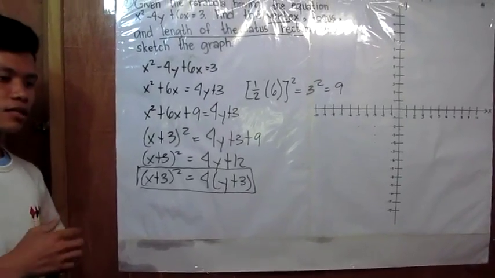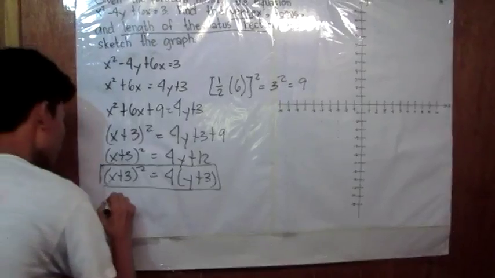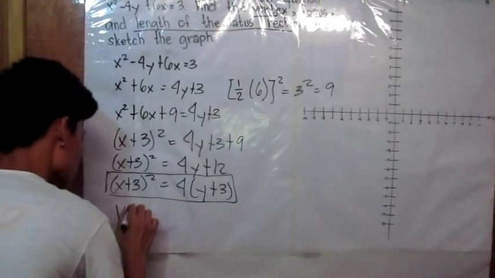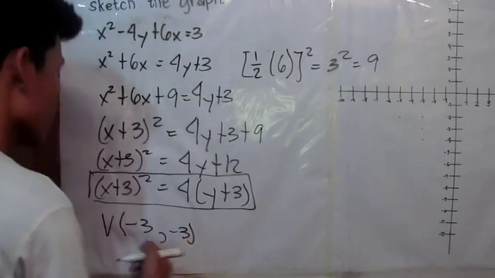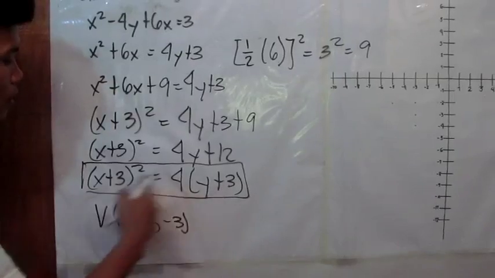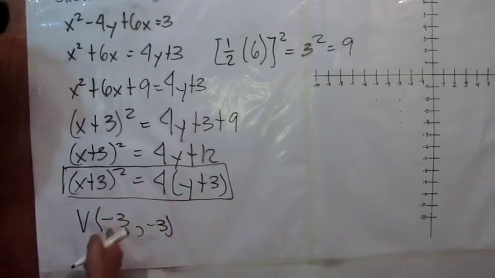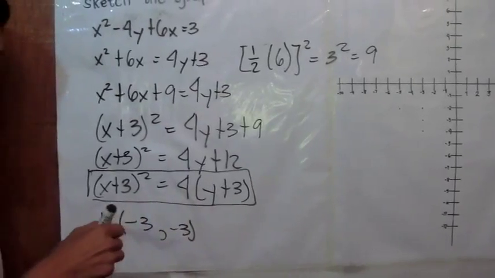Then, since the parabola opens upwards, our vertex is at negative 3 and negative 3. Okay, negative 3 and negative 3 come from these two numbers, the positive 3 and the positive 3, and then in the vertex it becomes negative 3 and negative 3.